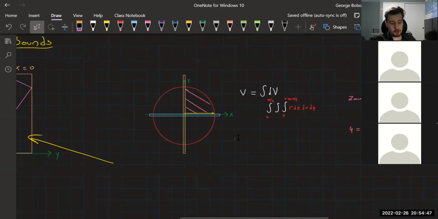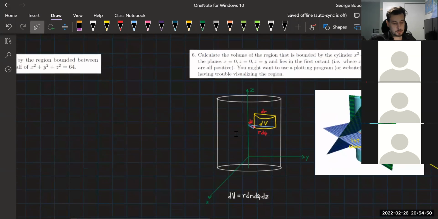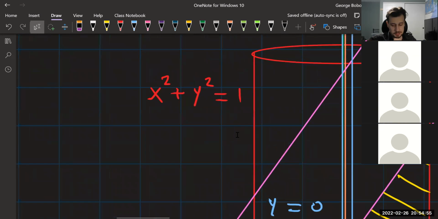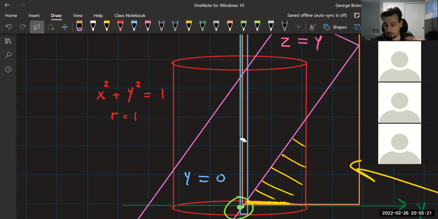What is this equation in cylindricals? Rho squared equals 1, or r equals 1, because again, r cannot be negative. We can't have a negative r in cylindricals. That's jokes, right? Compared to what it could have been.